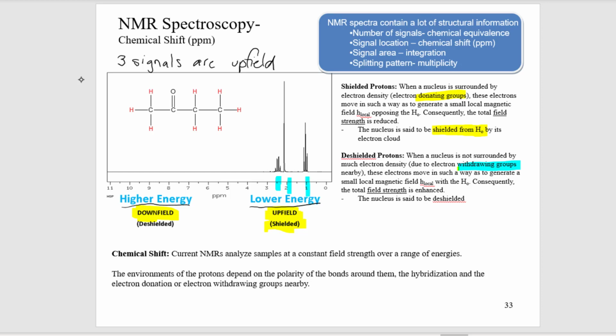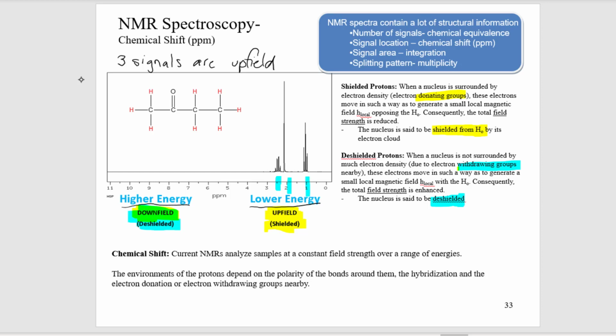I think about it like clouds in the sky. So withdrawing groups pull the electron clouds away, and thus they're de-shielding us from the magnet. Consequently, the total field strength is enhanced, and the nucleus, the hydrogen, is said to be de-shielded. De-shielded, downfield. That was the other thing I used to remember.